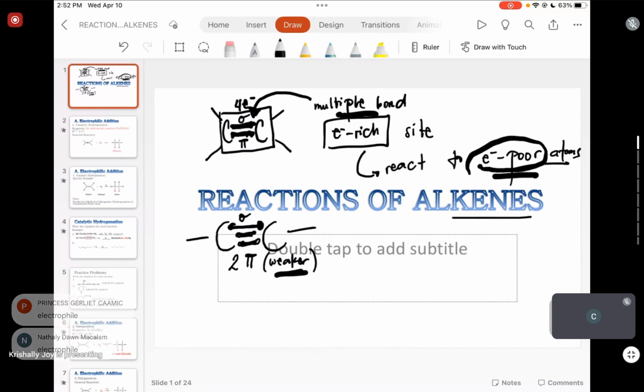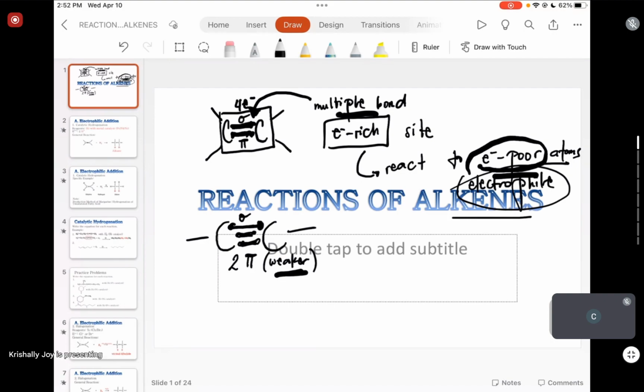Sige, pinaka-final. Very good. Final na ha. So, kapag electron-poor atoms, mga electrophile sila. Okay, electron-poor siya. Kaya nga, mas attracted, di ba, ang electrophile sa mga negatively charged.